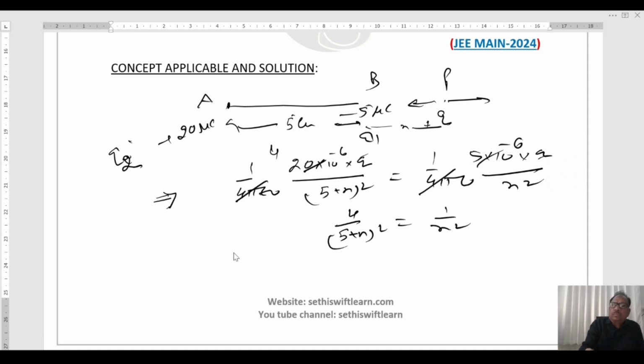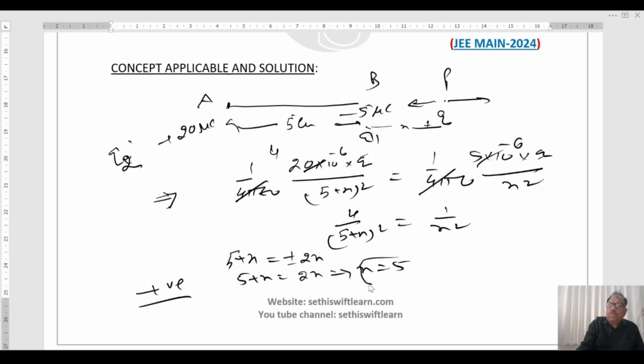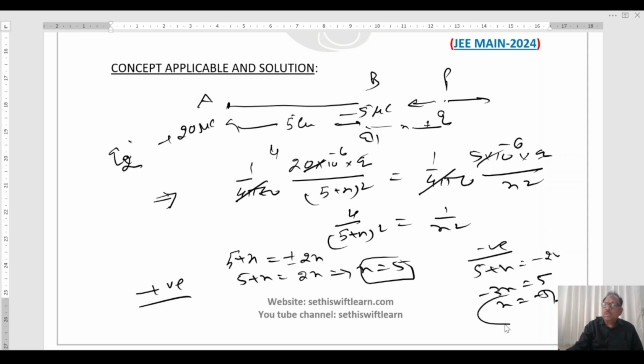That is, 5 plus x equals plus minus 2x. Considering the positive sign, 5 plus x equals 2x, so x comes out to be 5. Considering the negative sign, 5 plus x equals minus 2x, so minus 3x equals 5, x equals minus 5 by 3, which means the negative side is rejected.